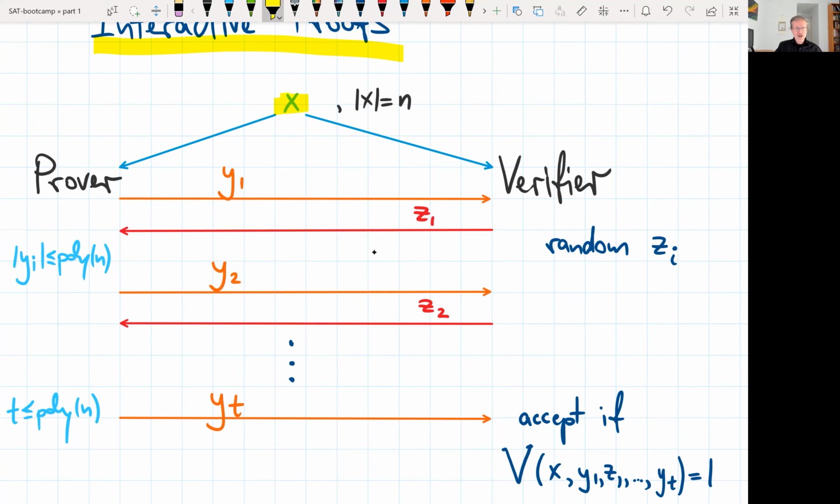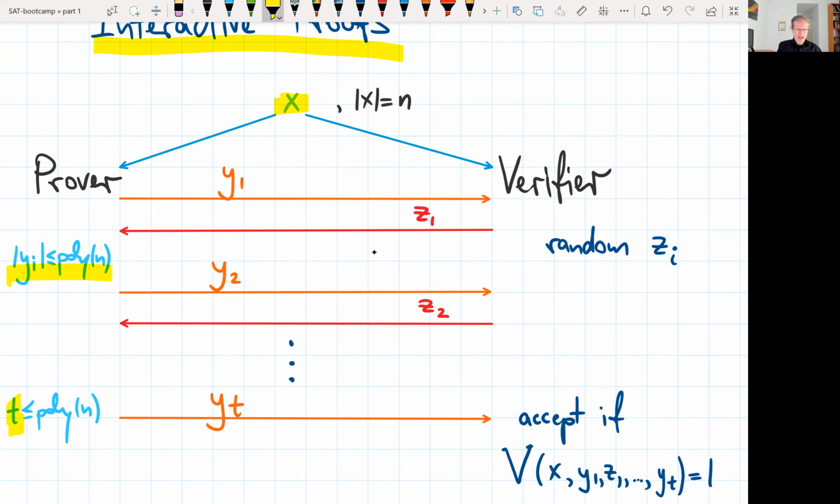Now, we're going to generalize this definition, this game between the prover and verifier, to allow two things. One, we allow multiple rounds. So prover and verifier will talk for some polynomial in n number of rounds by exchanging messages.